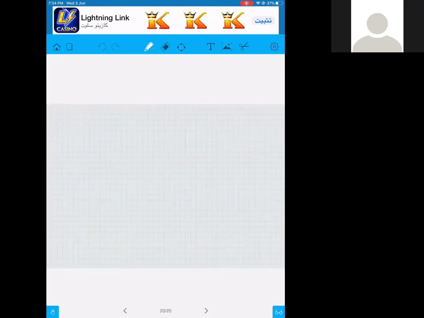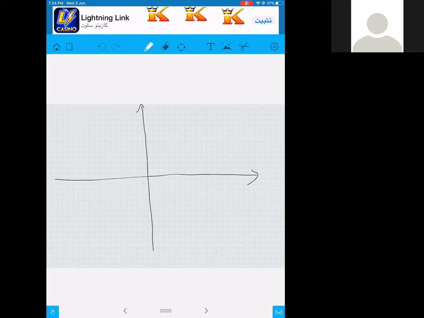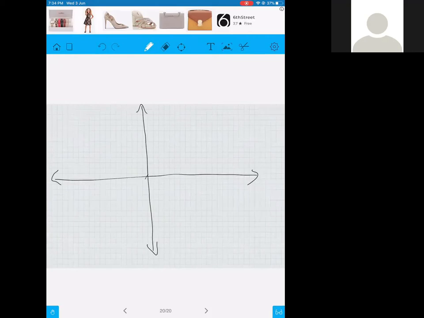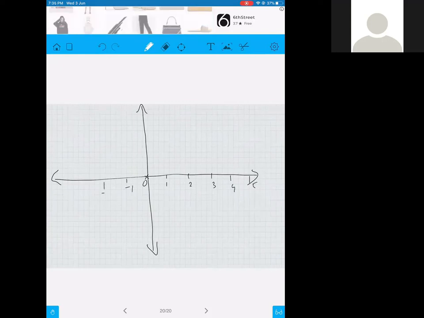So that means you just see the graph. This is 0, 1, 2, 3, 4, 5, negative 1, negative 2, negative 3, negative 4.